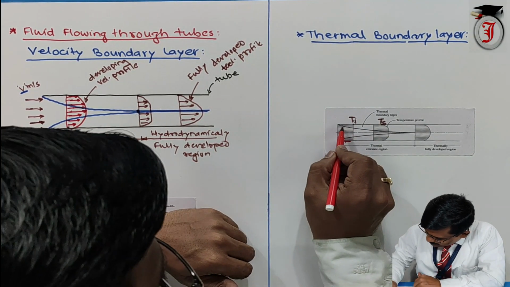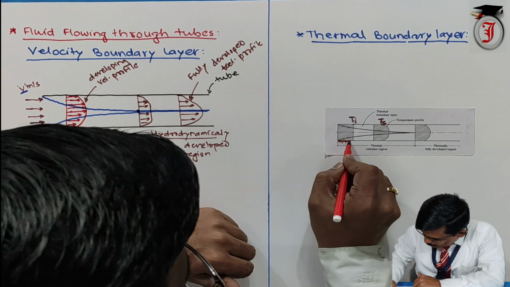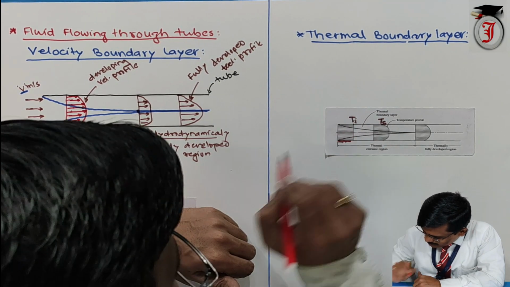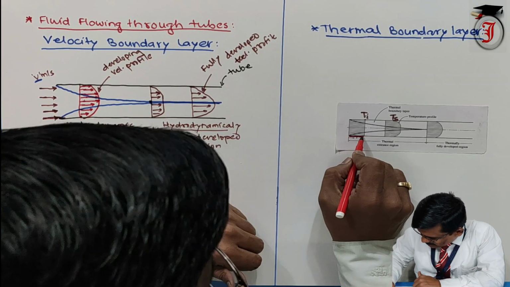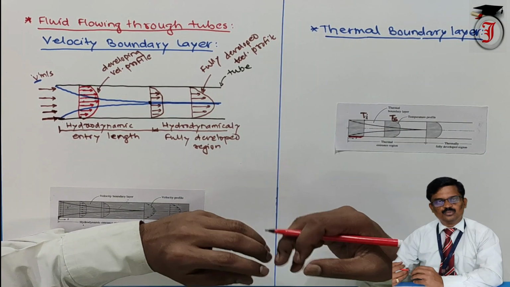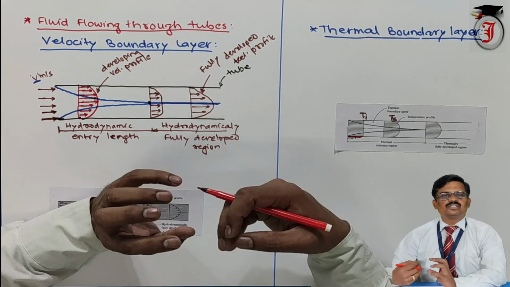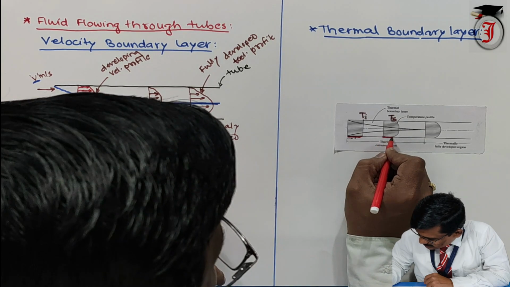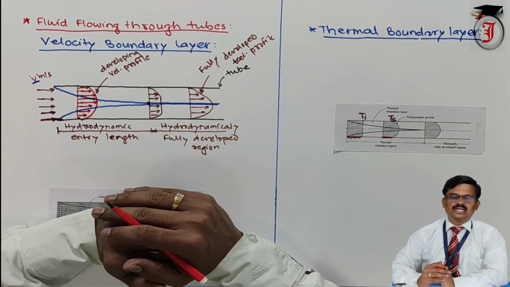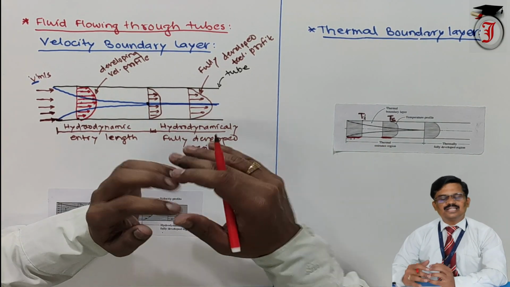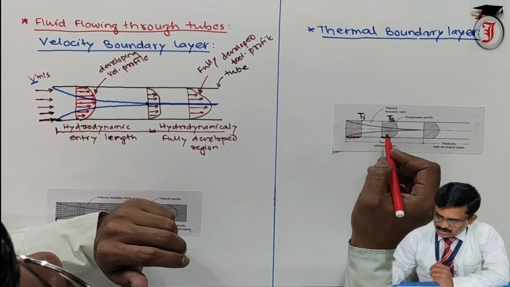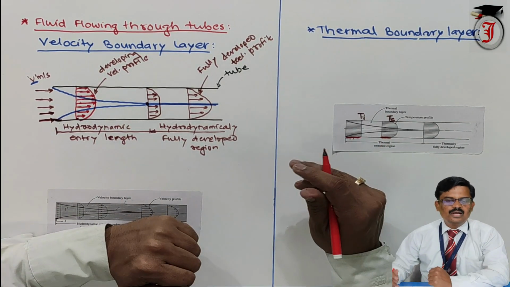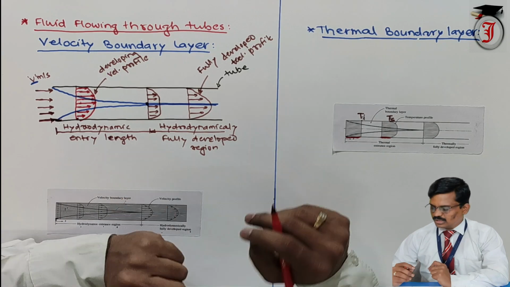So the fluid comes in with temperature Ti. When this layer comes in contact with the surface of the tube, that layer attains the temperature of the surface, and this will initiate convection heat transfer in the tube, which will develop the thermal boundary layer.